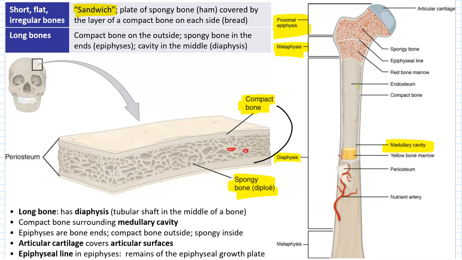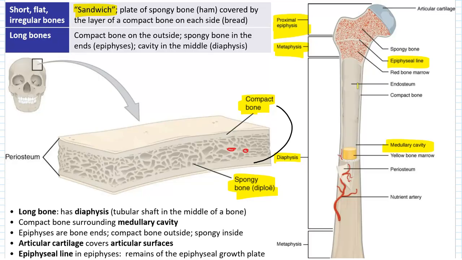Okay? So this line, called epiphyseal line, is what is left of the so-called epiphyseal growth plate, the part of the growing bone responsible for the bone being longer.